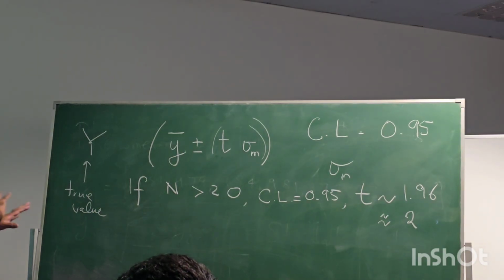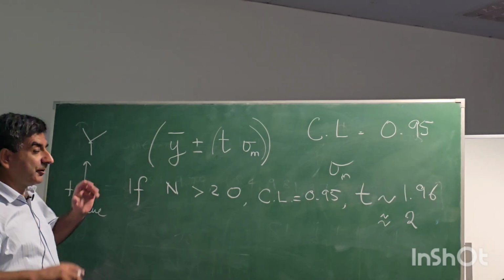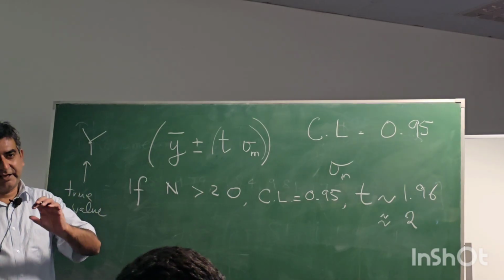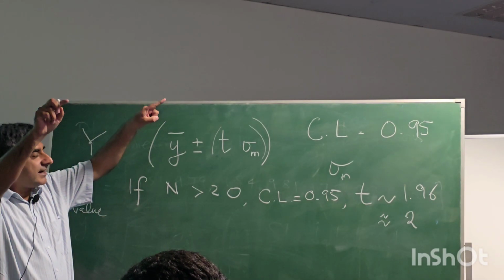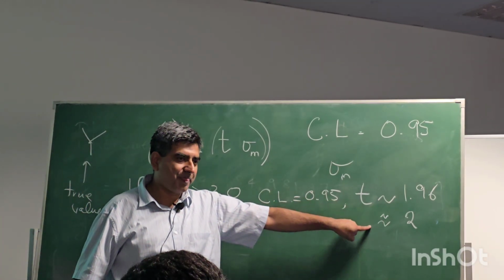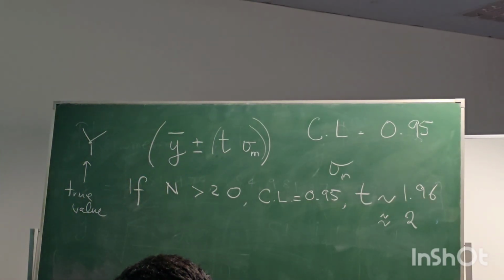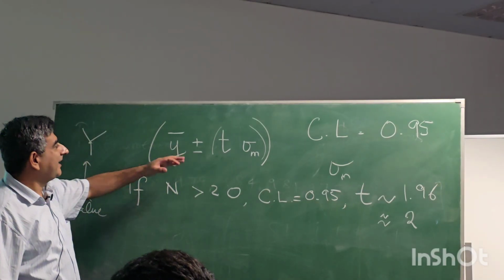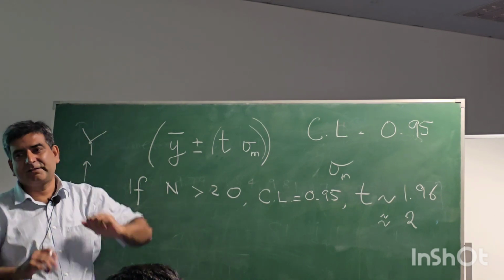If I have a large number of data points, 20 or more roughly, and I want a confidence of 95% in my estimate, then I choose a t of about 2, which means I find the standard error in the mean for those data points, multiply this with 2, and this gives me the band in which my true estimate lies.